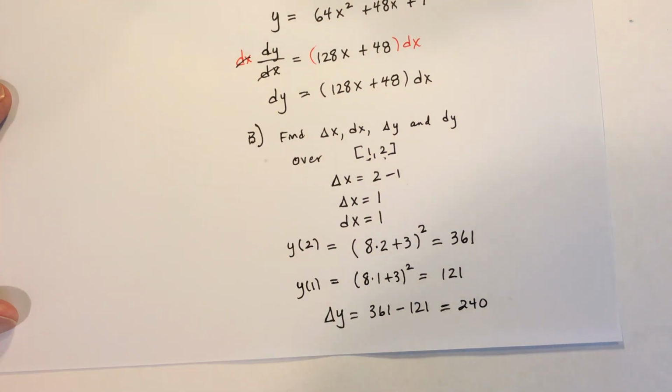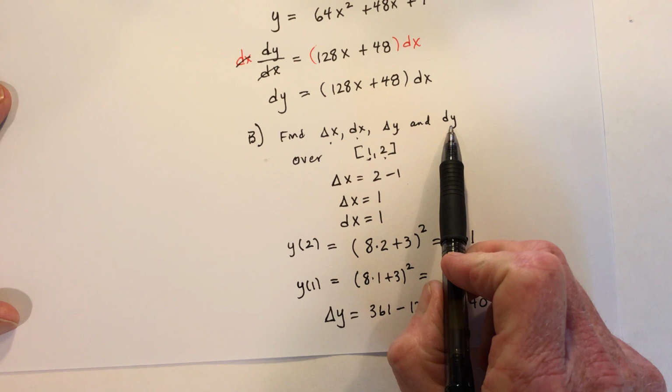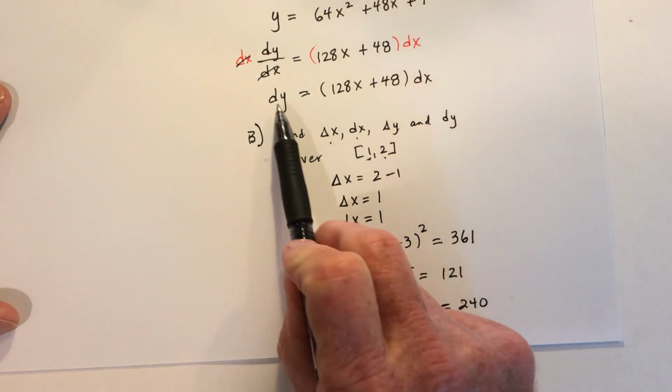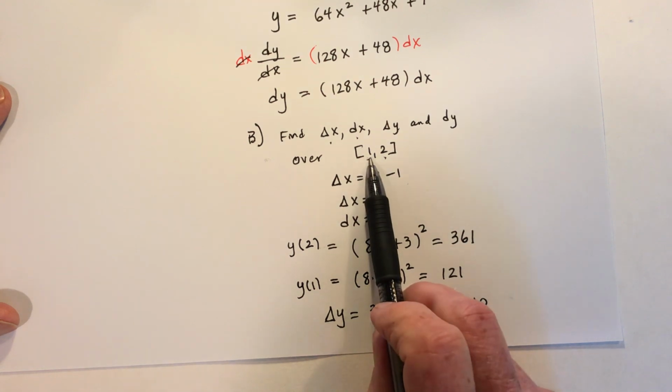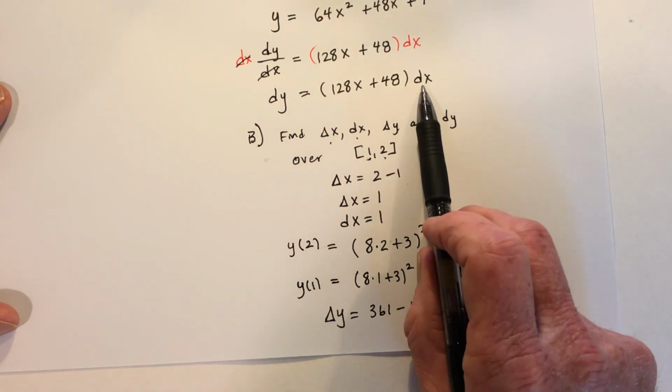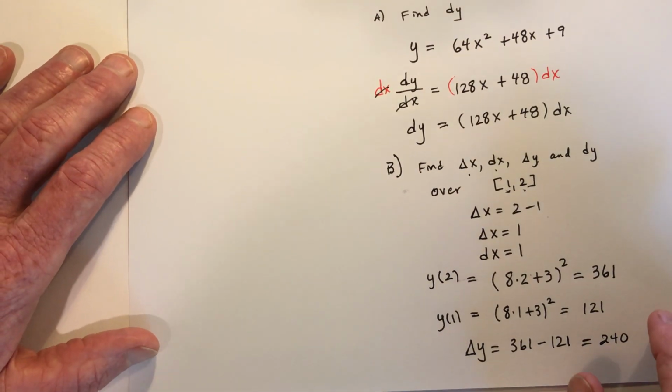All right, the last part is, so we did this one, and this one, and this one, and now this one. So the dy, well, we have it right here. So we basically just need to plug in the first number, which is a 1, and the dx, which is also a 1. So I think I can even do that right here.